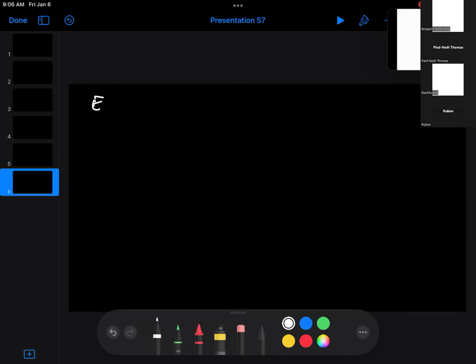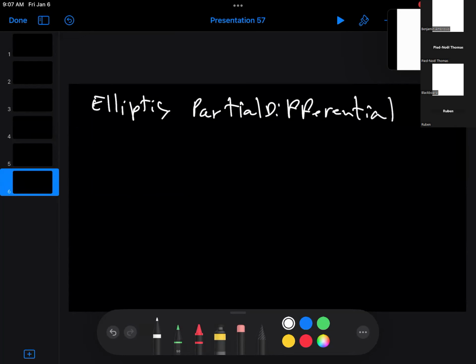It's called Elliptic Partial Differential Equations of Second Order. It's 2001.